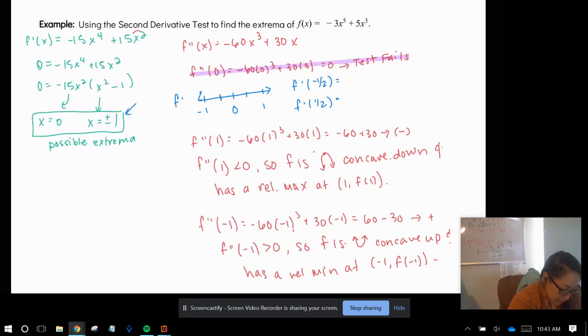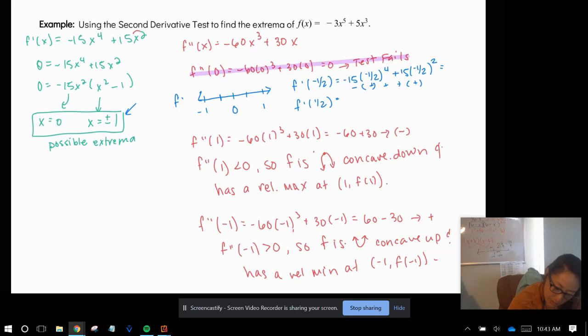So for negative 1/2, I got negative 15 times negative 1/2 to the fourth plus 15 times negative 1/2 to the second. We get a positive times a negative plus a positive times a positive. Which one is smaller?